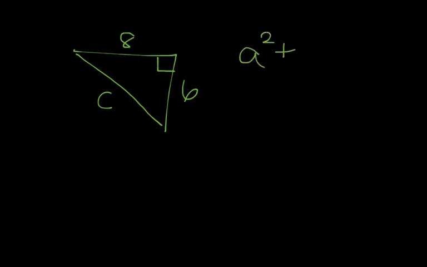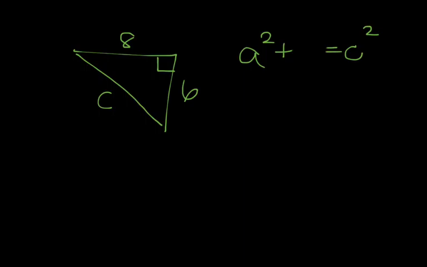Okay, this next example, make our triangle look a little bit different. Okay, we'll make this side 6, this side 8, and this side is C. And we've got A squared plus B squared equals C squared.